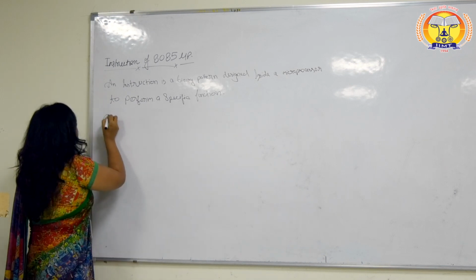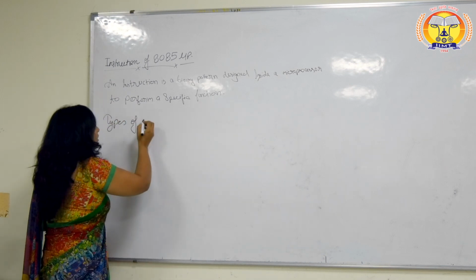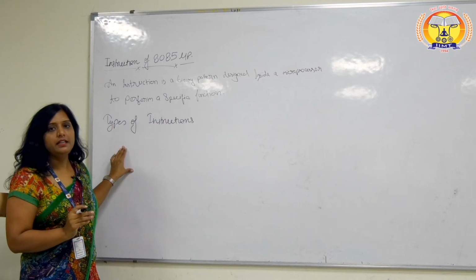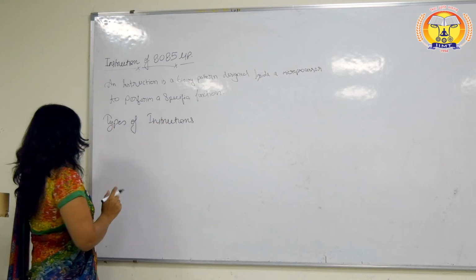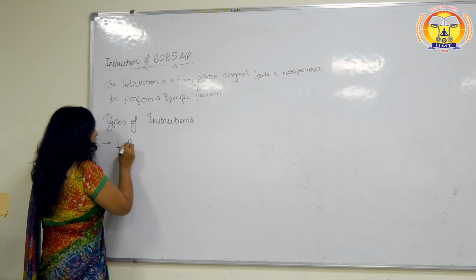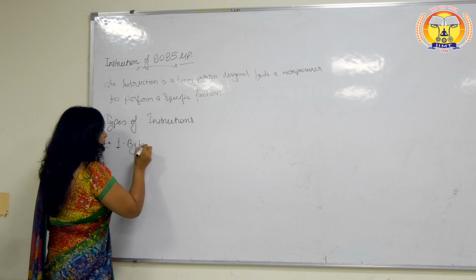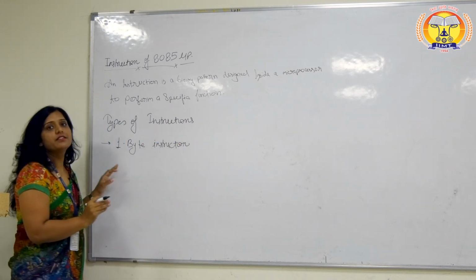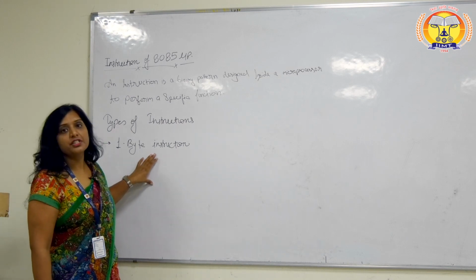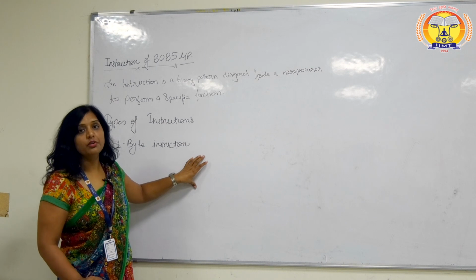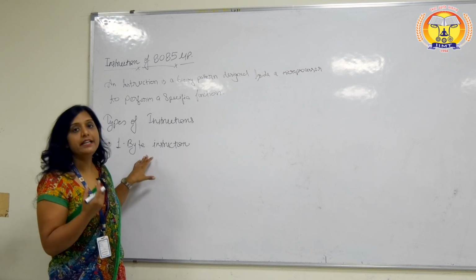Now, types of instruction in 8085 microprocessor. First one is 1 byte instruction. In 1 byte instruction, we have 8-bit hexadecimal code, operational code for any instruction.